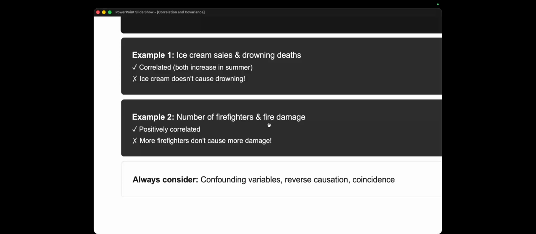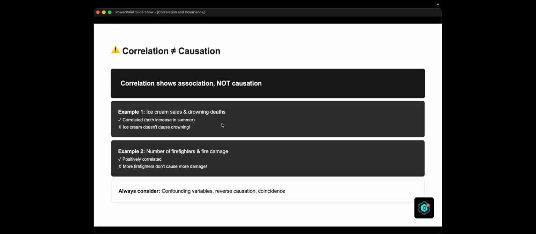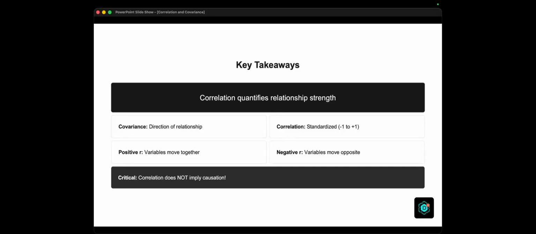But whenever we see more fire, we will see more firefighters, right? So that's the thing I want you to understand. It's not causation, not happening because of this. It's only that they both happen together and they both increase together. This is what I want to say. Okay? Great.